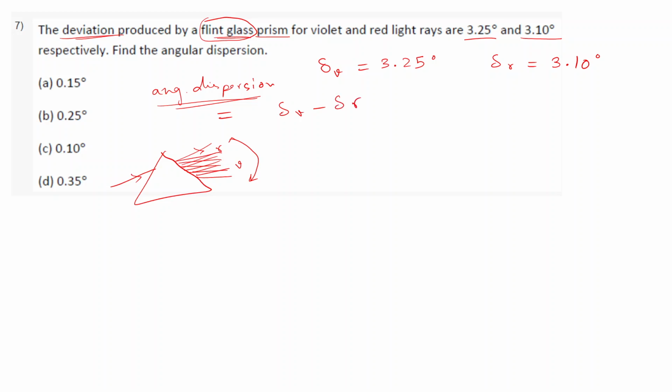Why are we taking this deviation in V first? Because it's a higher value. As you can see, V, violet light, which has smaller wavelength, bends more or deviates more.